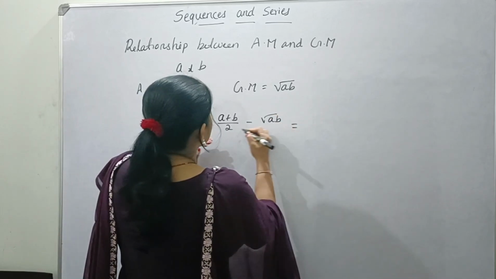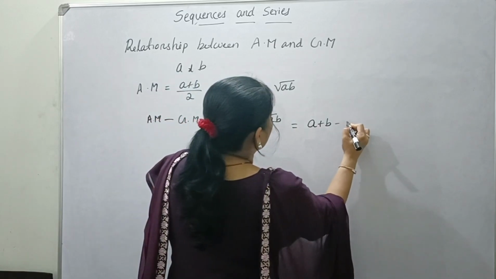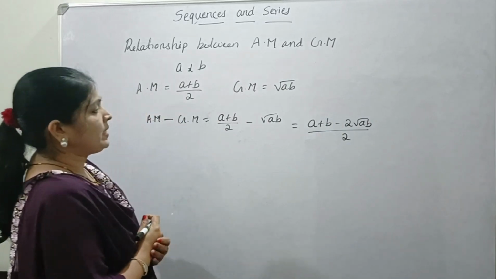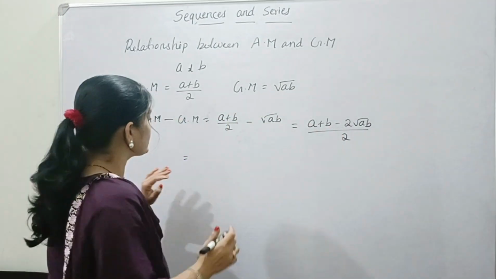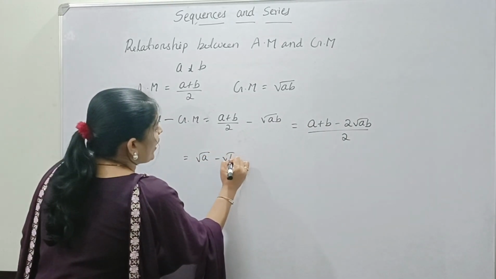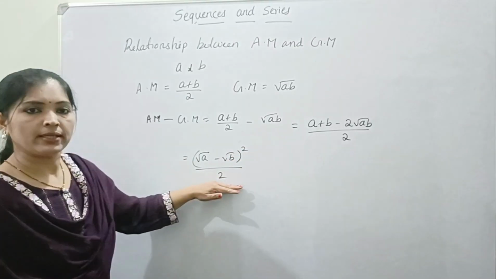After simplification, that is (a plus b minus 2 root ab) divided by 2. We can write this as (square root of a minus square root of b) whole square divided by 2, isn't it?